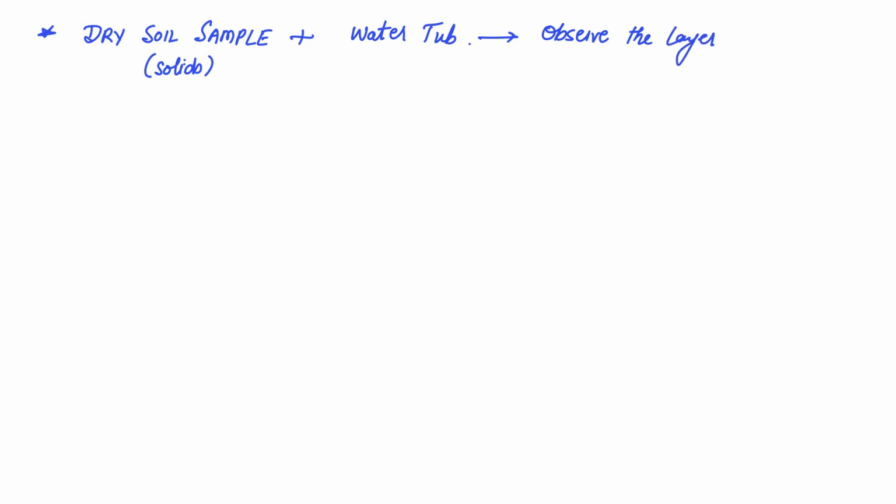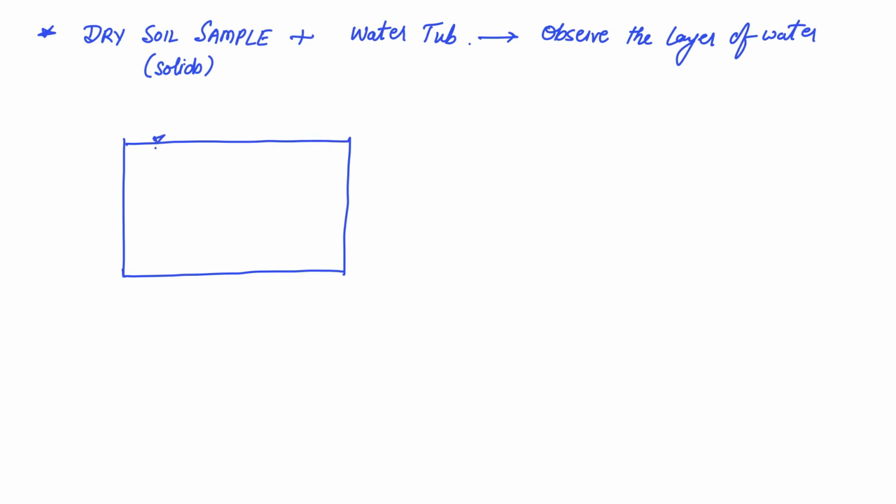How are we going to do that? Let us assume that this is a tub, which we have filled up with water. So this is the water level. And now I mixed the soil solids in this particular tub.